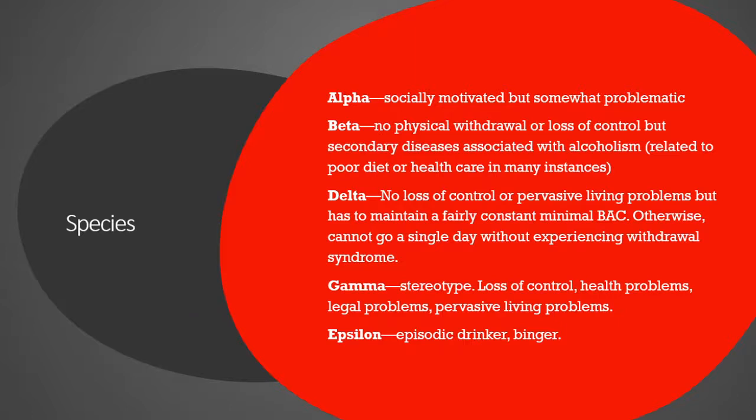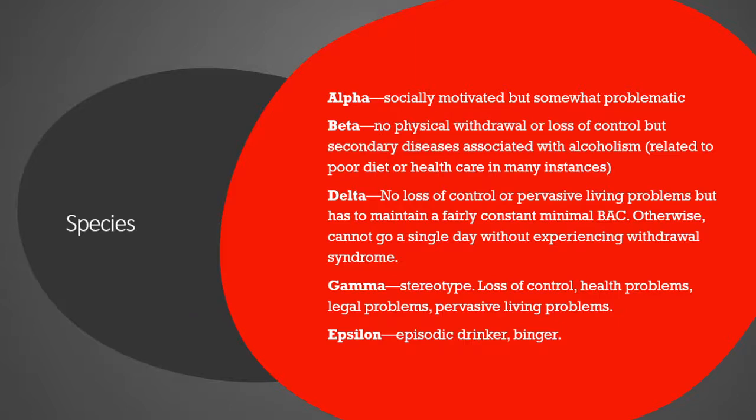And they may not be constant drinkers, may not be everyday drinkers, but these illnesses that are associated with alcoholism that appear in people who don't have particularly pathological drinking patterns may be related to diet or health care.